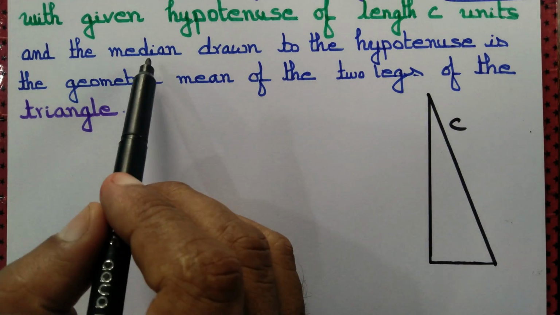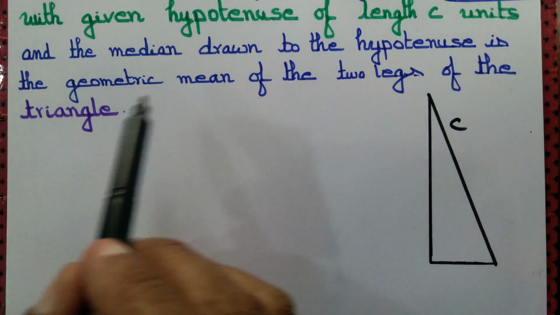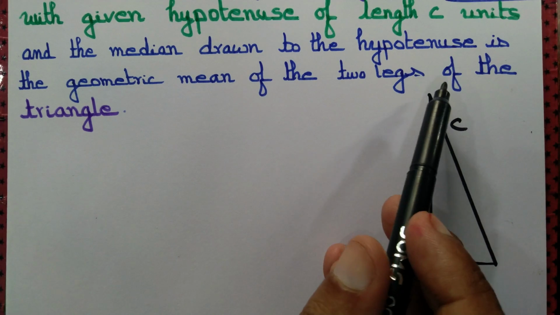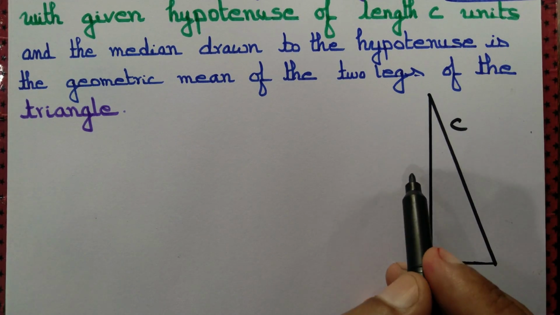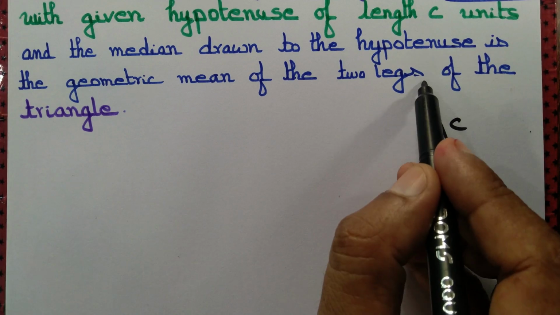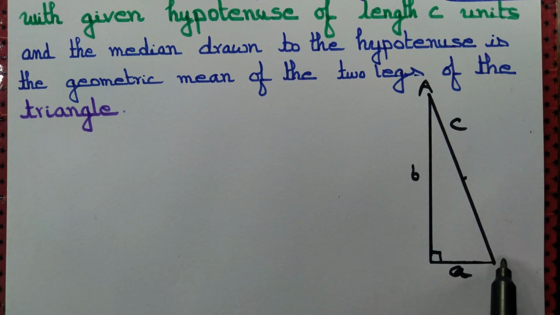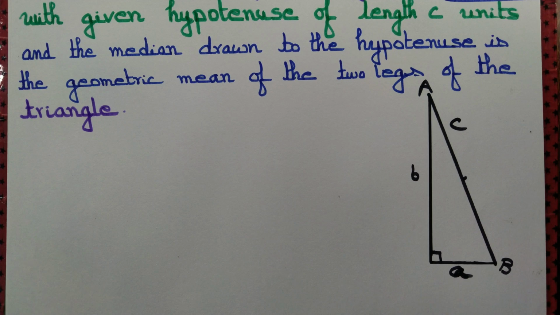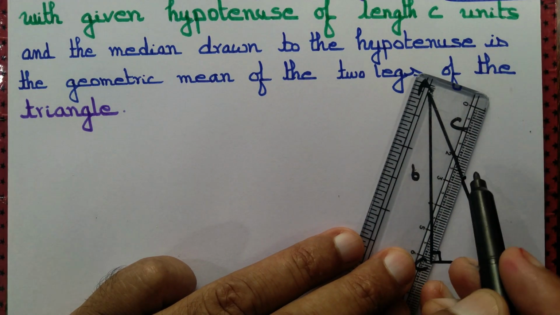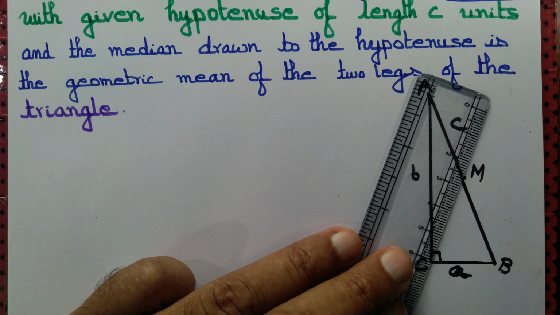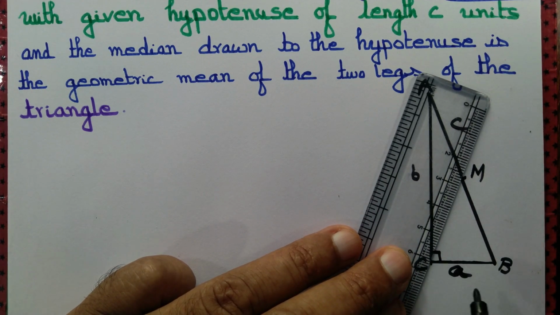Further, we want that the median drawn to the hypotenuse is the geometric mean of the two legs of the triangle. Let the two legs of the triangle measure A unit and B unit. Let the hypotenuse be AB, that measures C unit. Let the right angle be angle C. Let M be the middle point of the hypotenuse, and we join CM.